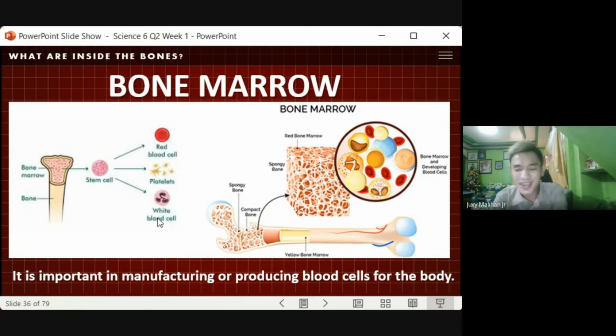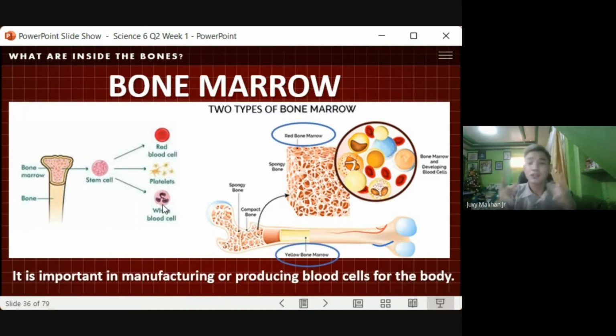Okay, now we have two types of bone marrow, class. First, we have the red bone marrow, and second, we have the yellow bone marrow. Now, what is the difference between these two types of bone marrow? Okay, so when we say red bone marrow, class, of course, it can be found in our humerus, in our femur, in our pelvis, and vertebrae.